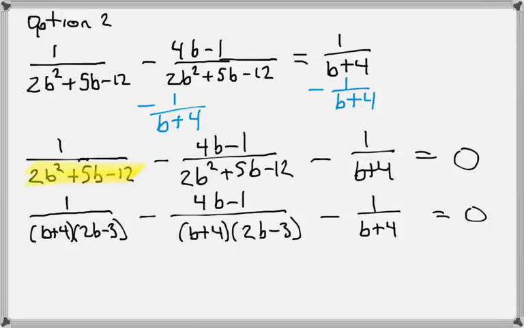So now when trying to get a common denominator, we notice this third fraction here, we are missing that 2b minus 3. So that is what we would multiply top and bottom by.